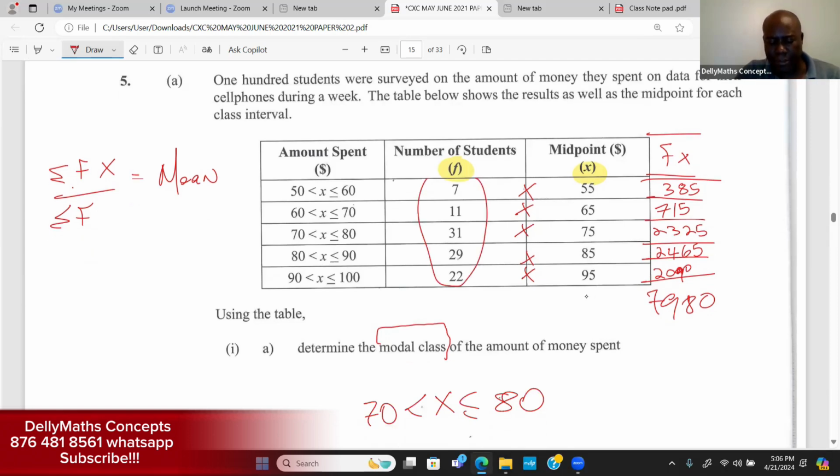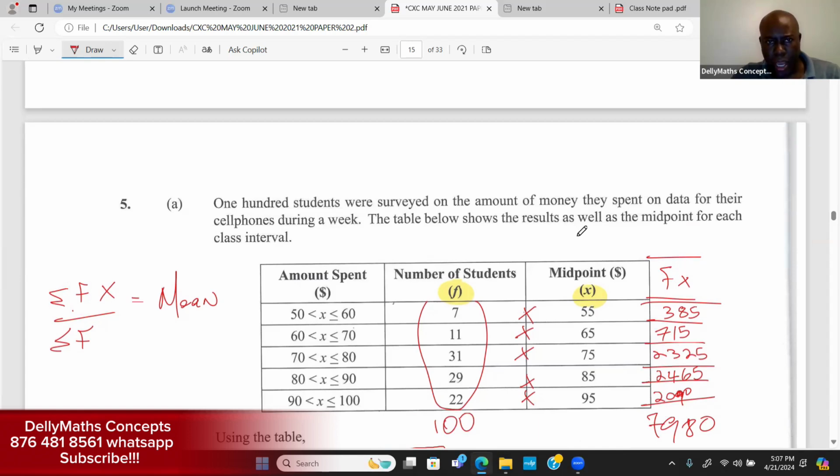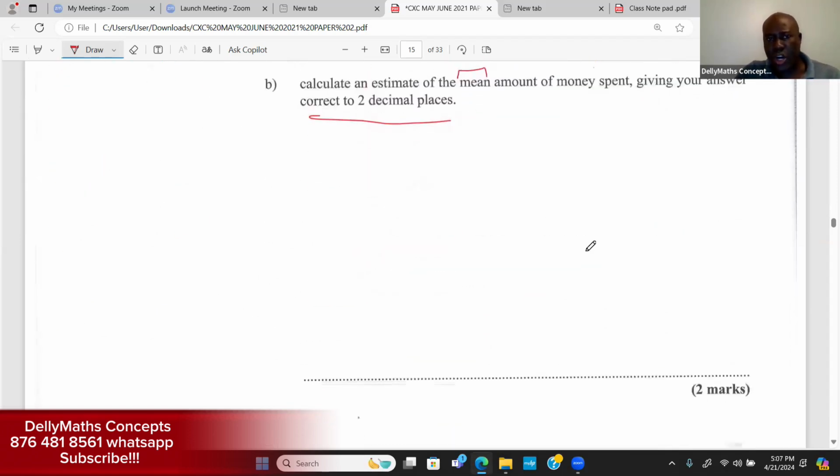So let's add them up quickly. 7 plus 11 plus that plus this plus this. This is 100. All right, so we're getting 100 there, and then we were told here too, 100 students, so it's 100. So let us now handle our thing.